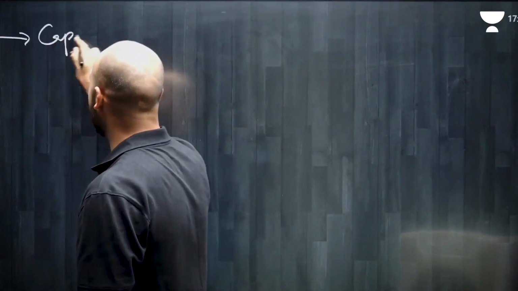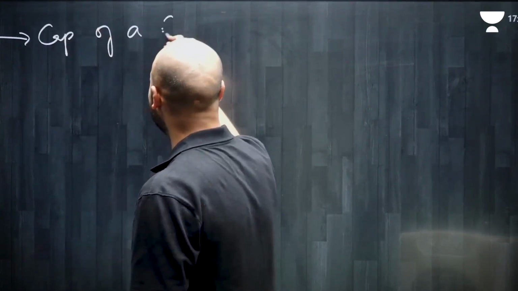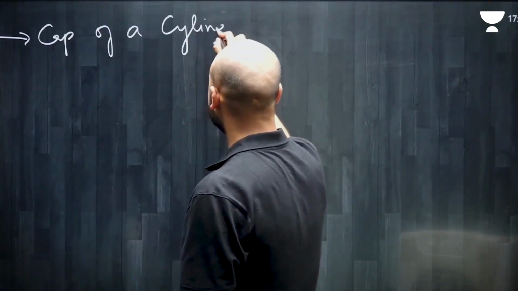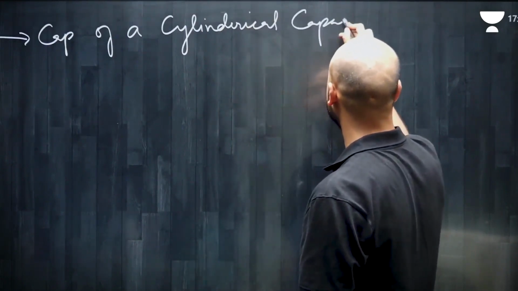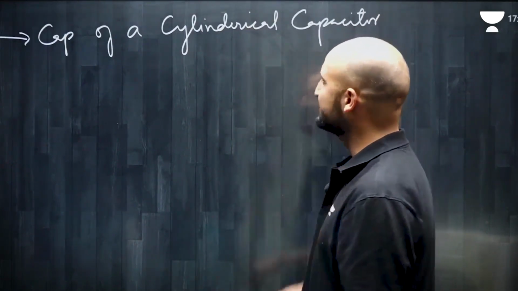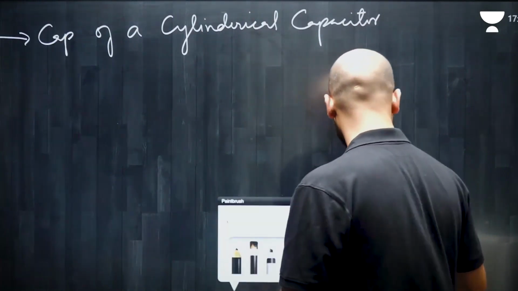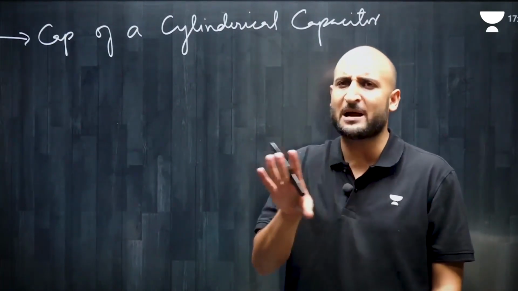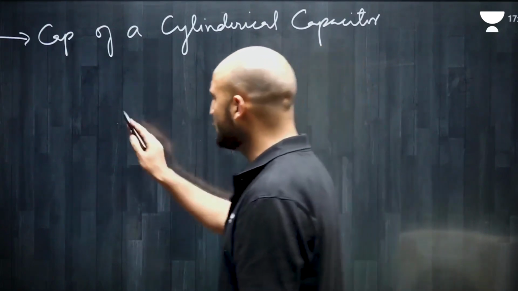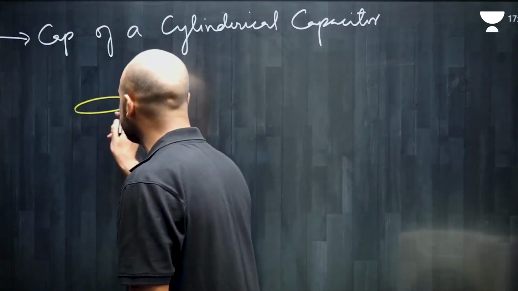That is the capacitance of a cylindrical capacitor. I'm just going to write down the equation for this because this is not much important for us. Let's assume that I have two concentric cylinders like this.